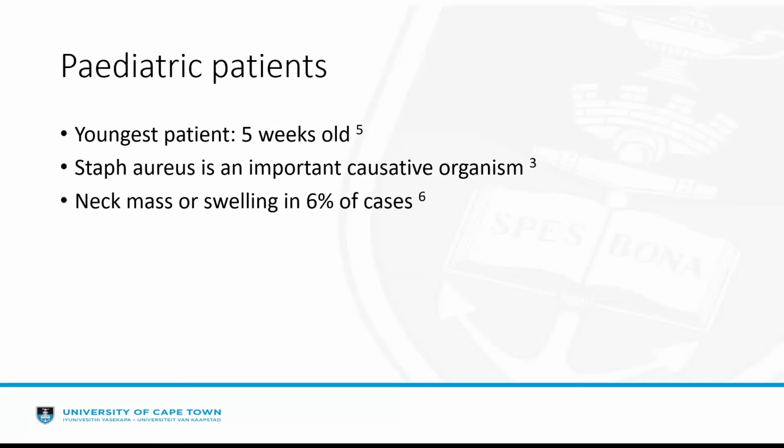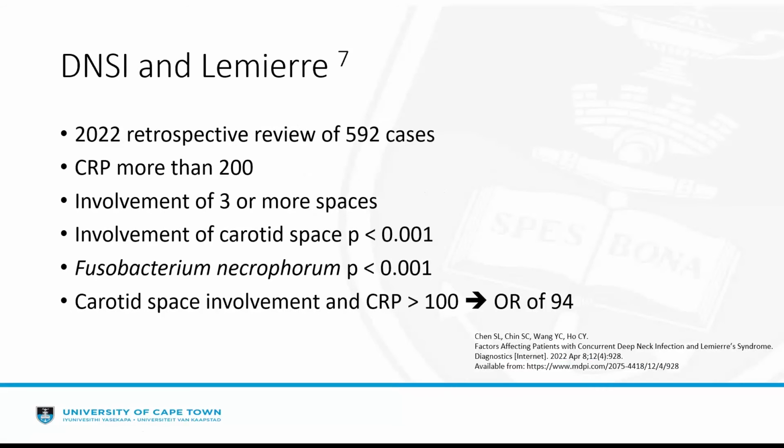Specifically in infants, Staphylococcus aureus is a very important causative organism to remember. And neck mass or swelling only happens in 6% of cases. So the absence of a neck mass or swelling should not make one exclude Lemierre syndrome in patients you otherwise have a high index of suspicion for.